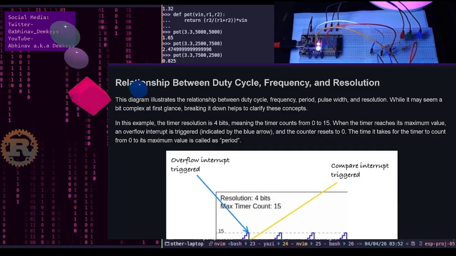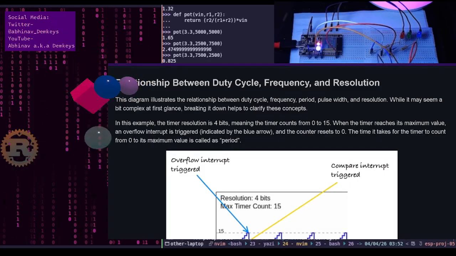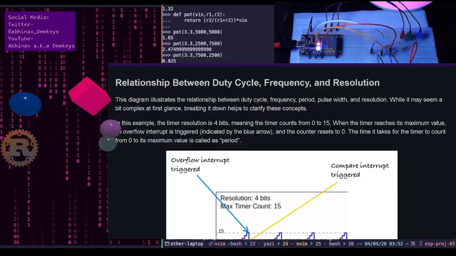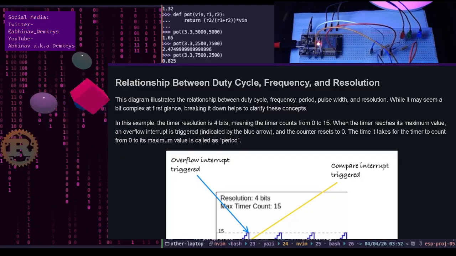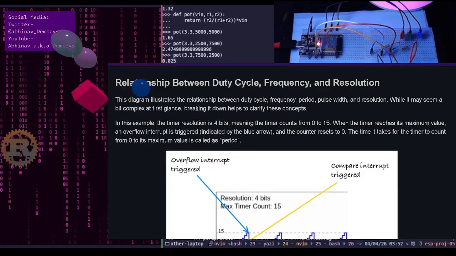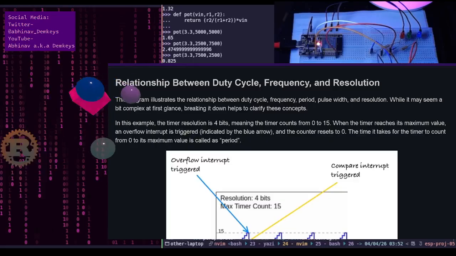The duty cycle is a percentage of that period that the signal stays on. The frequency is basically how many of those periods fit within 1 second.